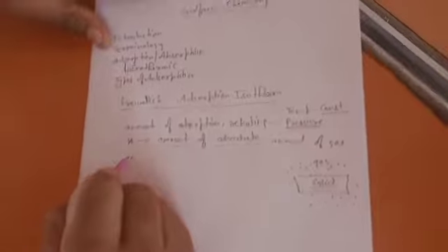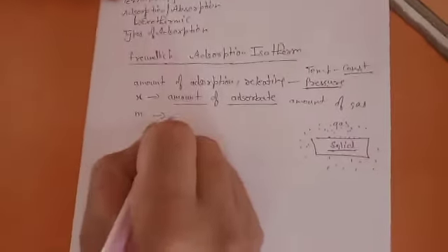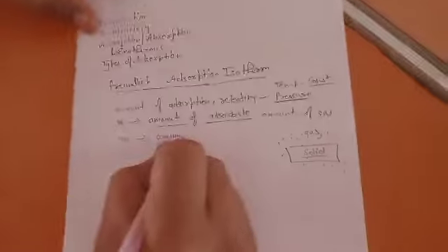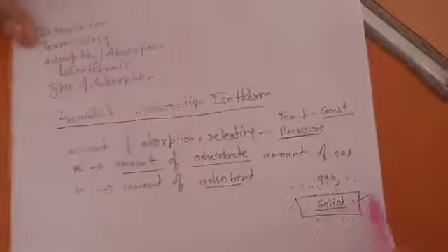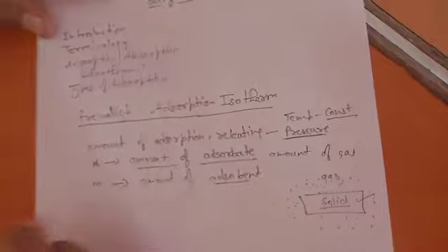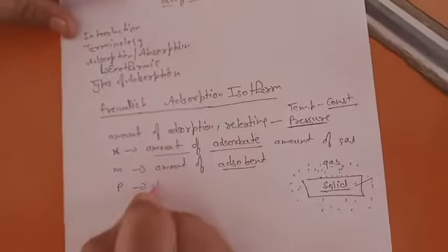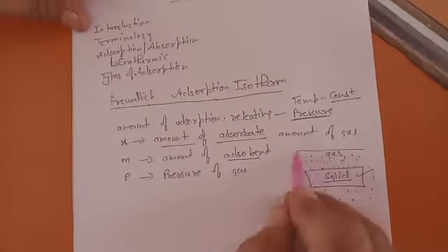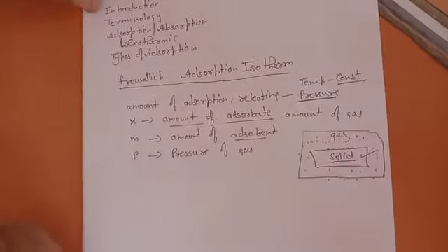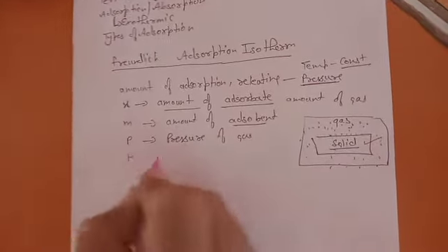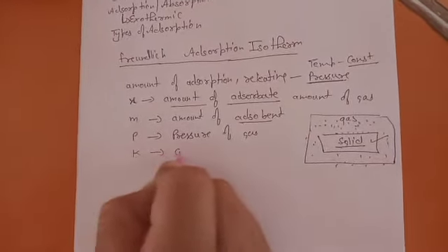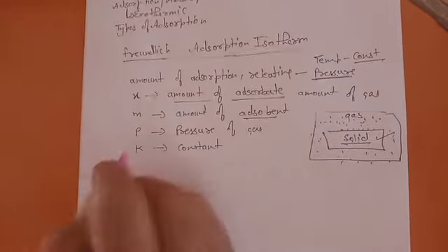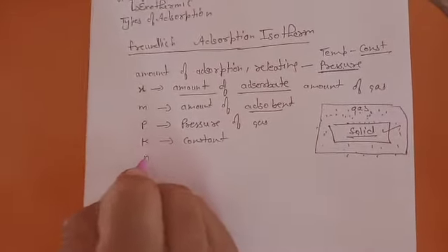The next term is small m. m is the amount of adsorbent, that is, the mass of adsorbent you have taken. The next thing he is using is P, the pressure of the gas, that is, how much pressure of the gas is applied. Next he is using K, which is a constant, and next he is using n.